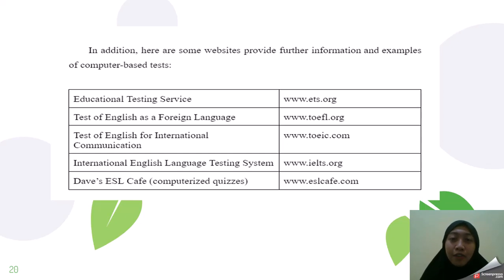ETS is really famous for us. Test of English as a Foreign Language, or TOEFL. Test of English for International Communication, or TOEIC. International English Language Testing System, or IELTS. And the last one, Dave's ESL computerized quizzes, or eslcafe.com.